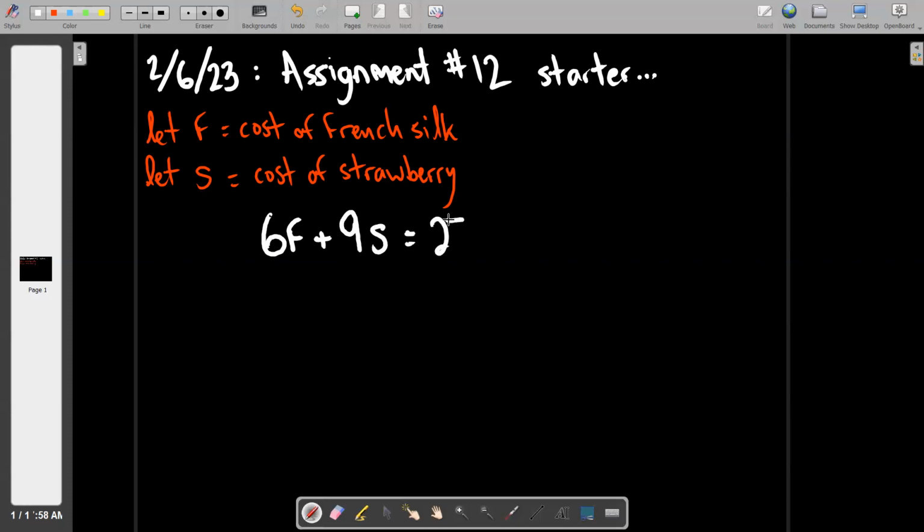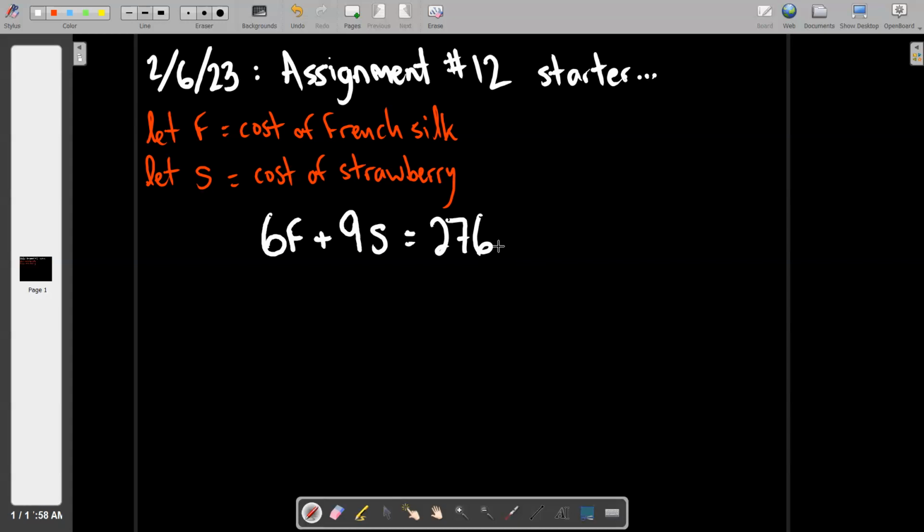There it is. Wonderful. So our experience with word problems has us to the point where we're not scared. That 3rd sentence clearly states that if someone bought 6 of the French silks and 9 of the strawberry cheesecakes, then they would spend a total of $276. So that's one equation, but that's obviously not enough.